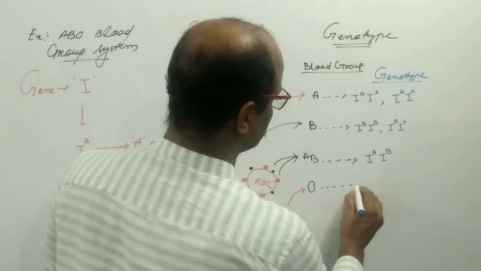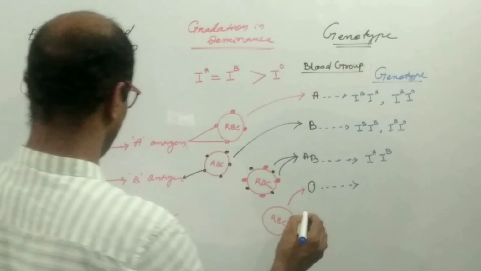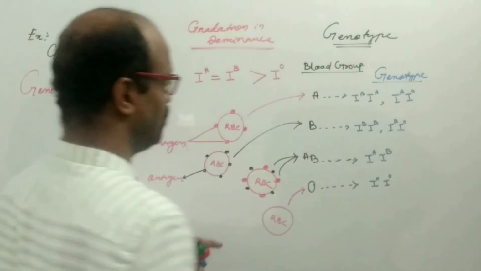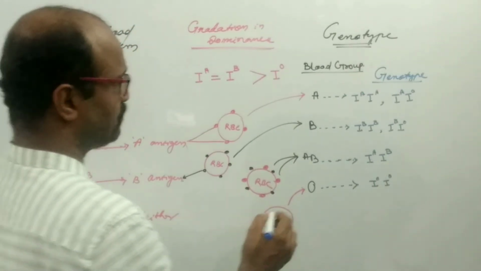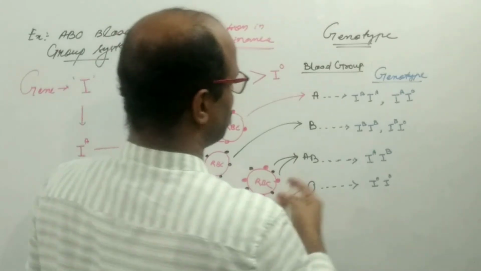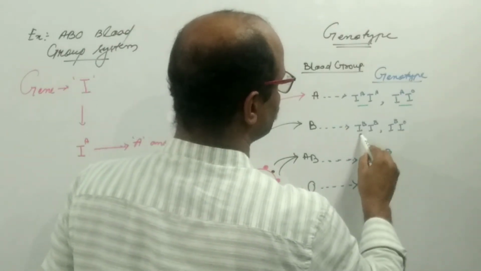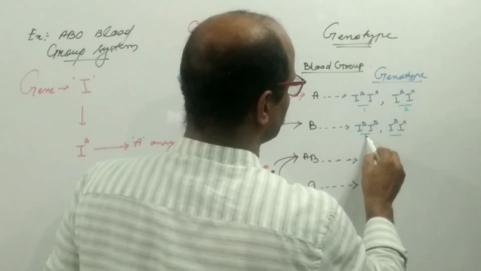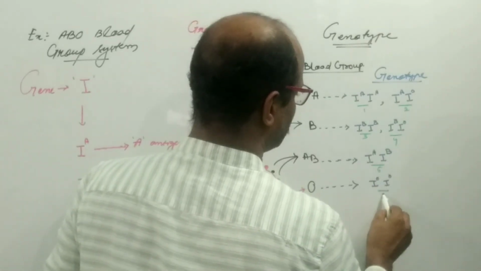And O blood group is recessive, so IOIO, this one genotype is possible. So how many genotypes are possible here? The number is 1, 2, 3, 4, 5, 6.